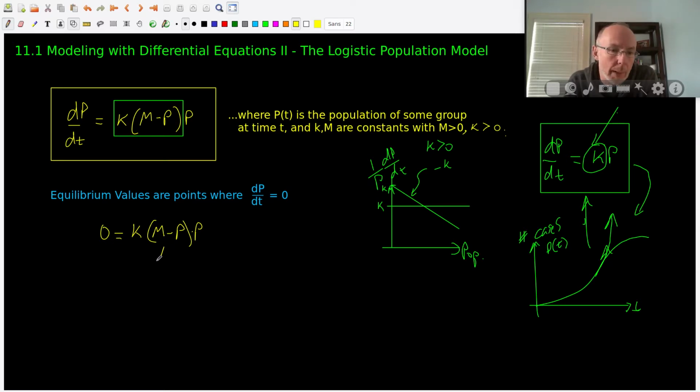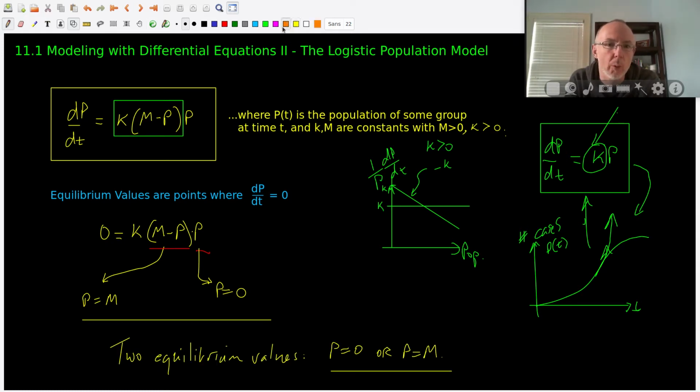The only way the rate of change of population can be 0 is, well, if M is equal to P. In other words, the population is equal to M, looking at this term and saying when is this factor 0. This is just a polynomial in P, so either M minus P is equal to 0, so P is equal to M, or P itself is equal to 0, and there are our two cases. So there are the equilibrium values in this case. Either population is 0 or it's M.